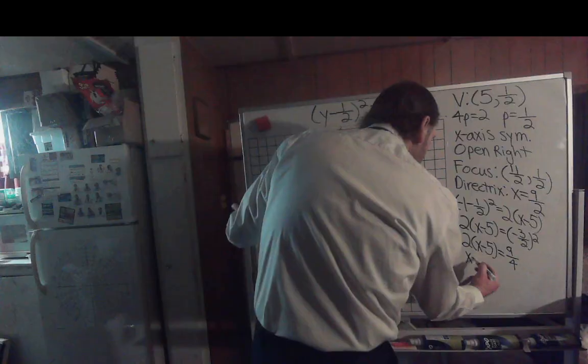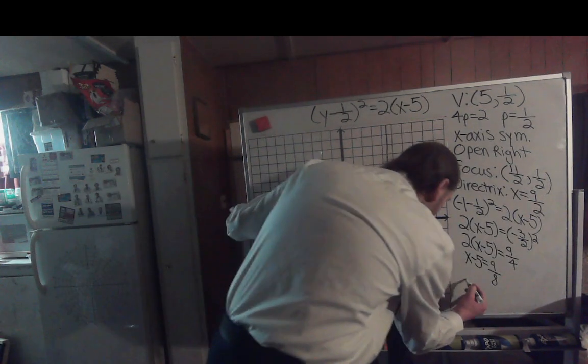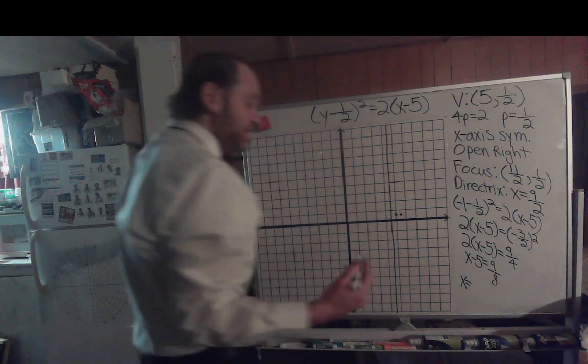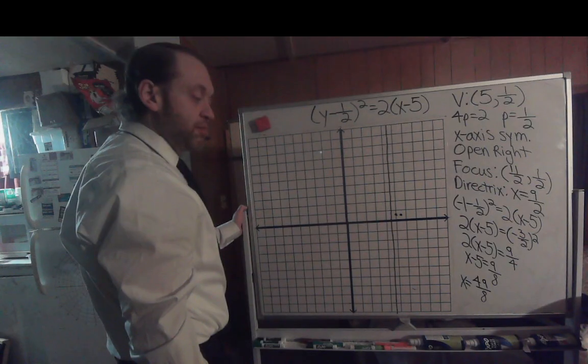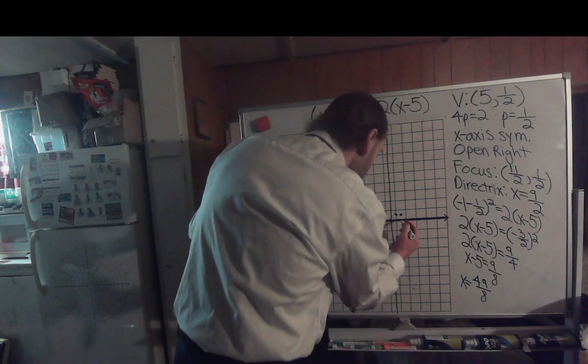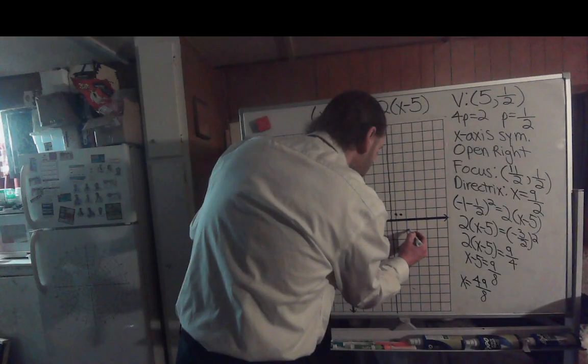So then x minus 5 equals 9/8. So that means x would equal 5 plus 9/8, which is 49/8. 49/8 would end up being 6 1/8. So right about here is where y would equal -1.